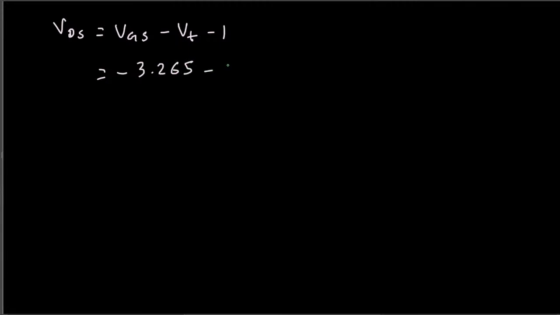And the V threshold here is 2 volts, which is negative, so minus 2, and then minus 1. So minus 3.265 minus minus 2, that's plus 2, and then minus 1.265, plus minus 1, that is minus 2.265 volts.